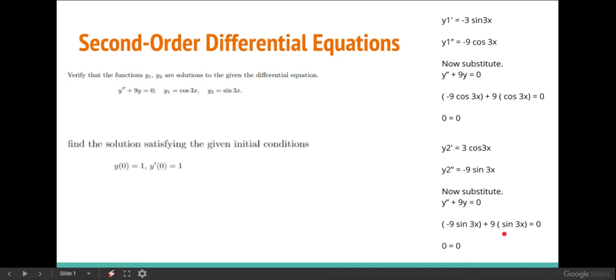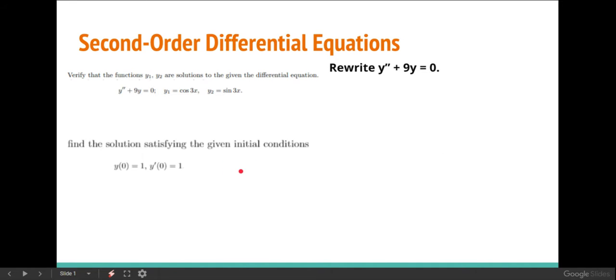You've just proven that these are actually solutions, and we did that through some derivative work as well as some substitution. Now let's tackle this find the solution part, the general solution. So the first thing we want to do is to take our differential equation, our second derivative plus 9y equals 0. We want to rewrite it as a quadratic.